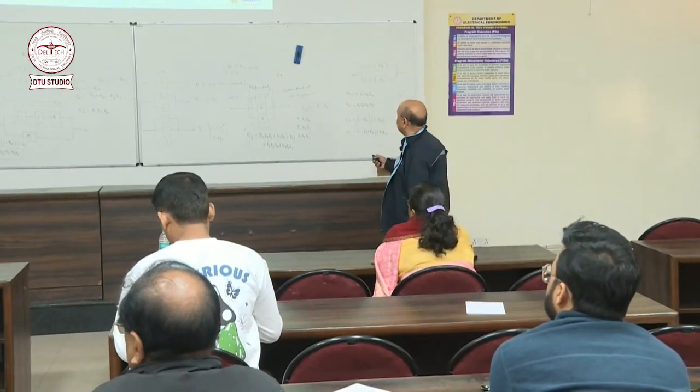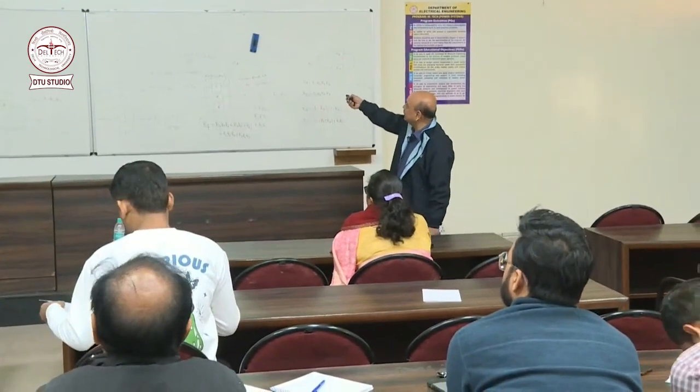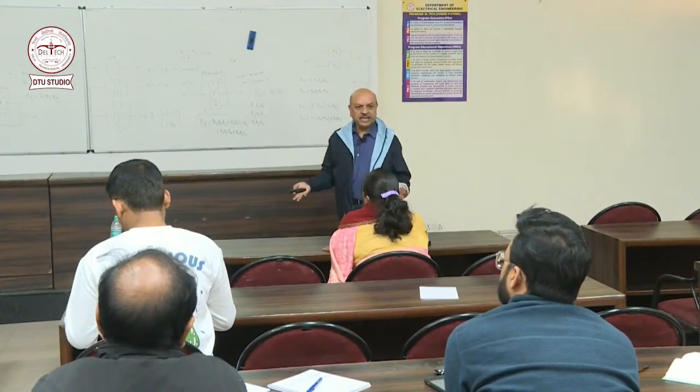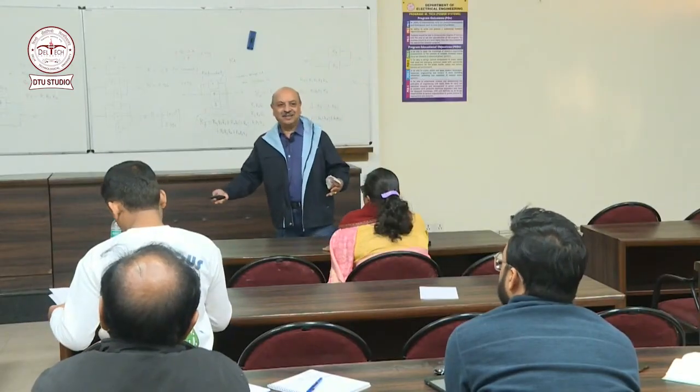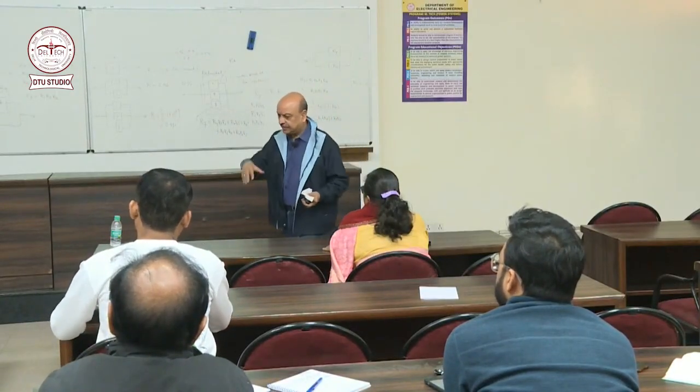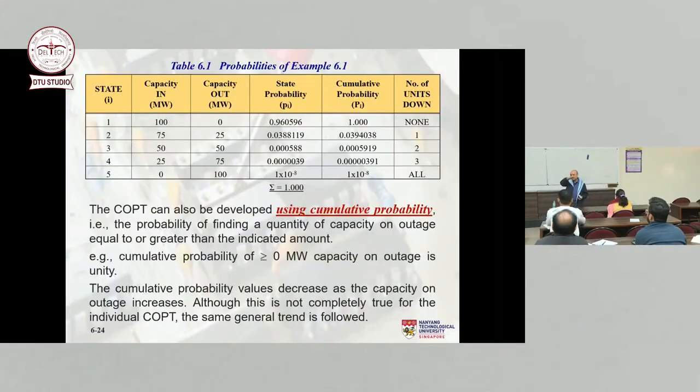But you looked at some of the values here. 1 into 10 to the power minus 8. Is this a meaningful number? Can I not ignore it? Can I not say, okay, I have this capacity table which has hundreds of states. Suppose I stop and draw a line somewhere and I say, okay, if any probability is below 10 to the power minus 6, I'm going to ignore it.